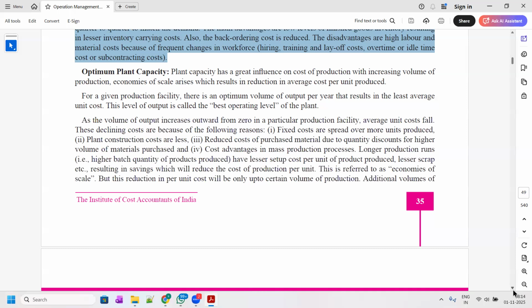Here we are talking about determining the optimum plant capacity, and as the production increases, the average cost per unit falls, because if you're talking about mass production, definitely when you produce more, all the variable cost factors will reduce.